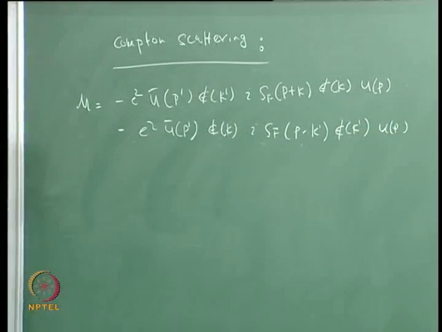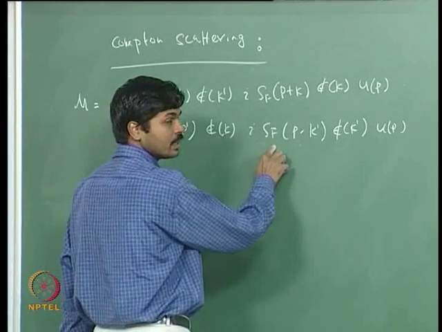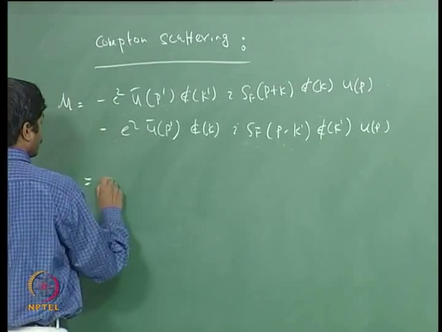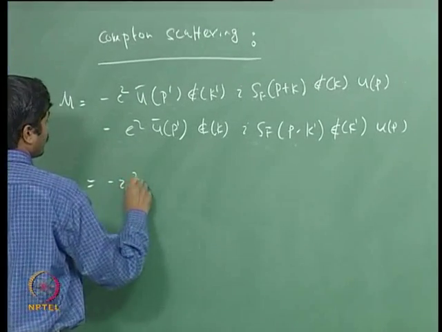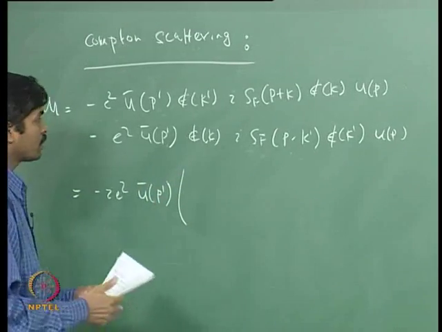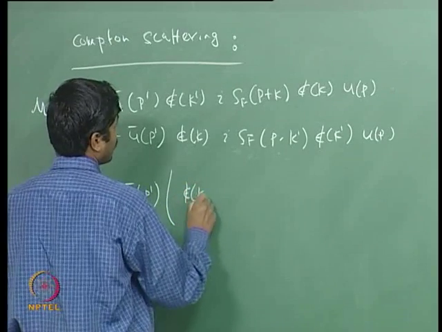So I can write it in simple terms. I can substitute for the fermion propagator. So this is minus i e square u bar p prime times epsilon slash k prime.